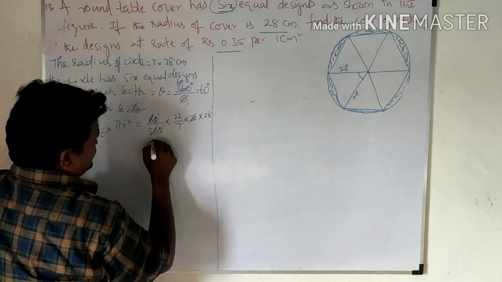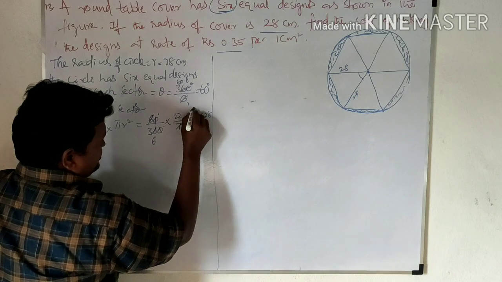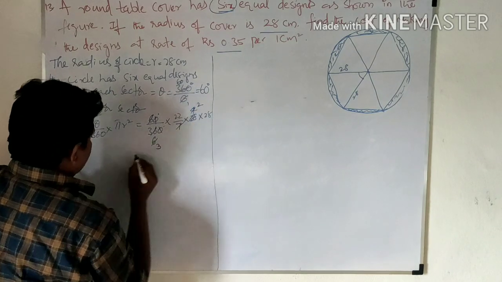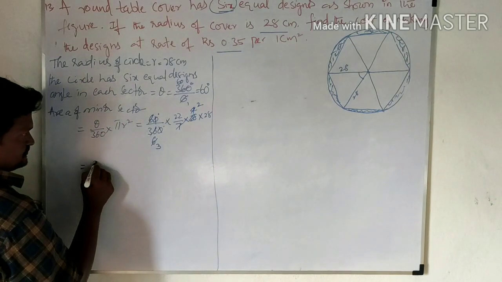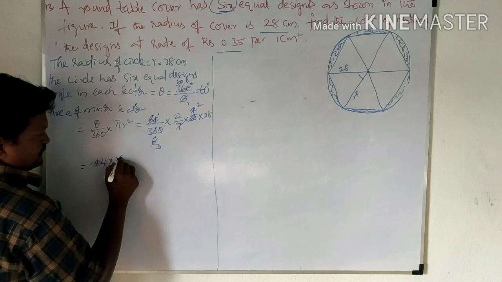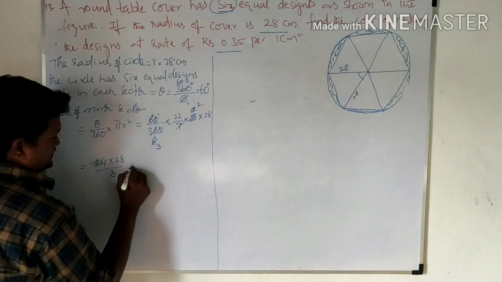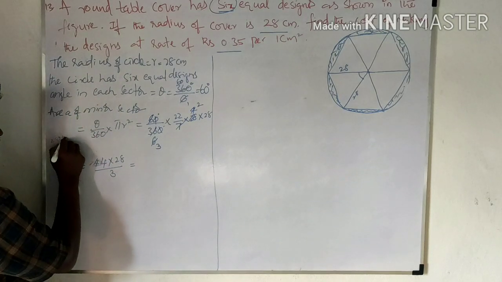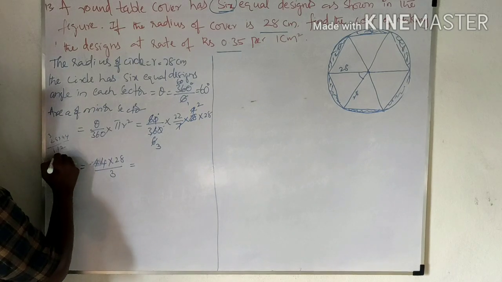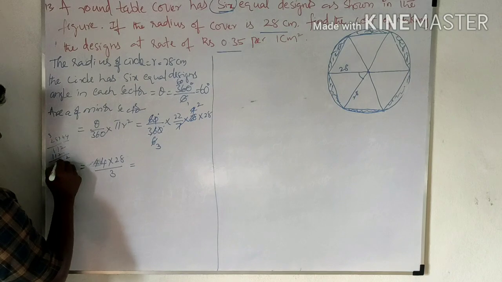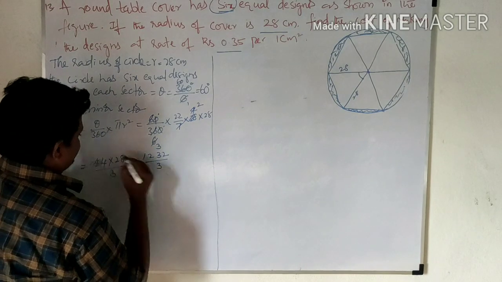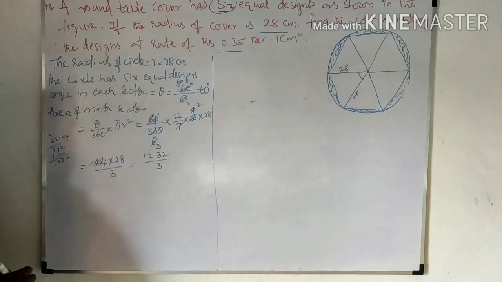Simplifying, this will be 22 into 2, that is 44 into 28 by 3, which is equal to 1232 by 3. This is the area of the minor sector.